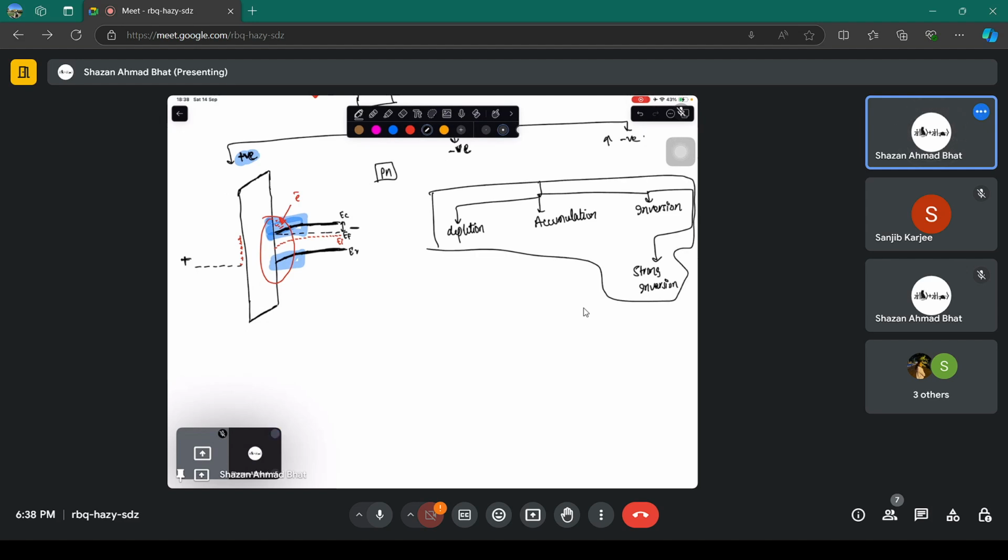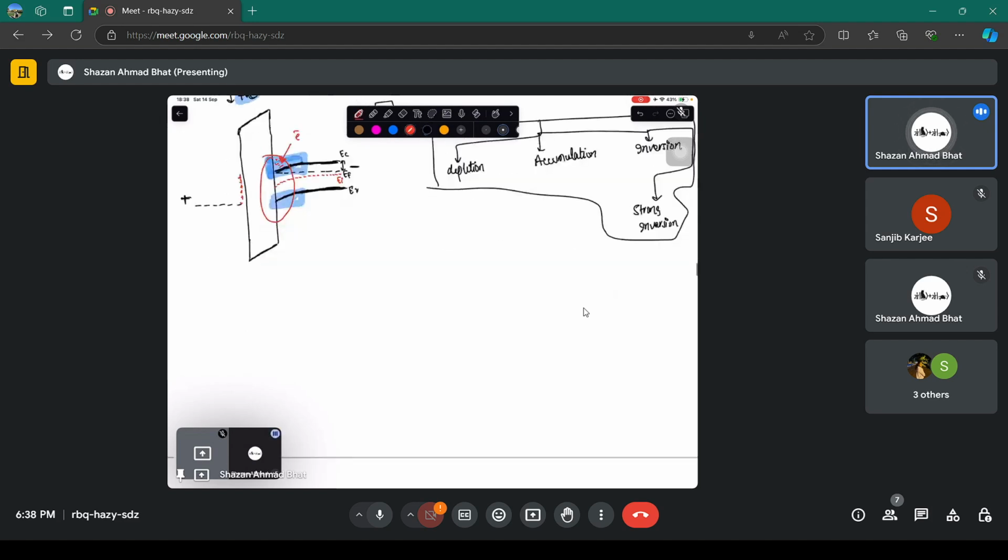How? First of all, let's talk about depletion. What happens in a depletion? In depletion, the surface gets depleted of the electrons, of the carriers, basically. What do I mean by the surface gets depleted of the carriers? So let's say you have an oxide and you have bending like this in a system.